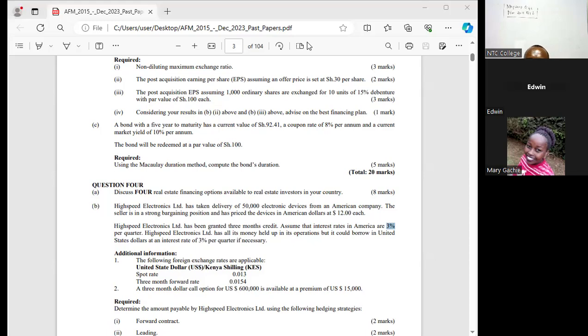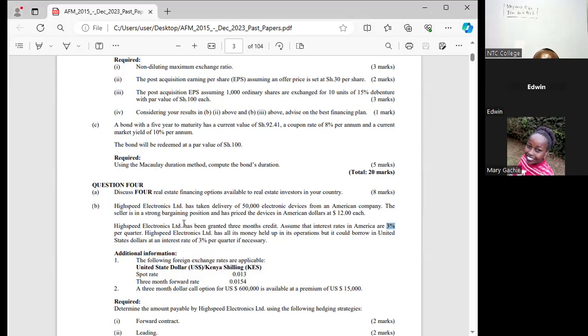Thank you. 12%. High Speed Electronic has all its money held in the operation, but it could borrow in United States dollar at an interest rate of 3% per quarter. So this is the borrowing rate, this is the lending rate.